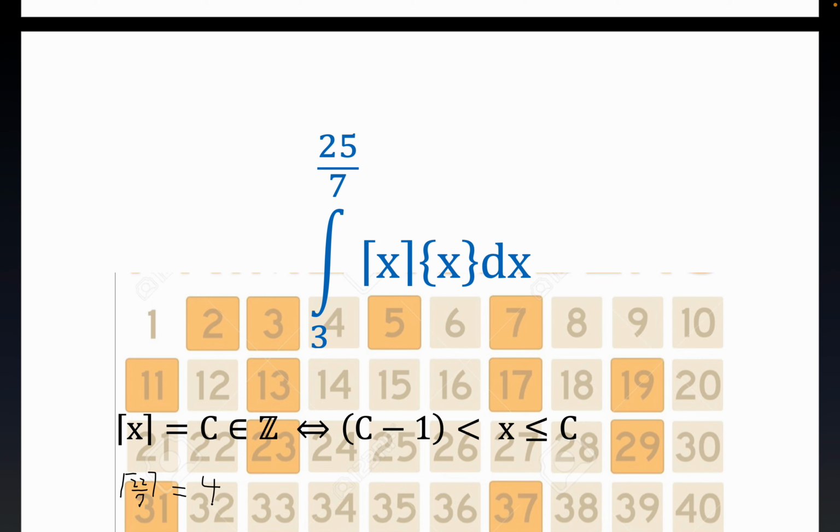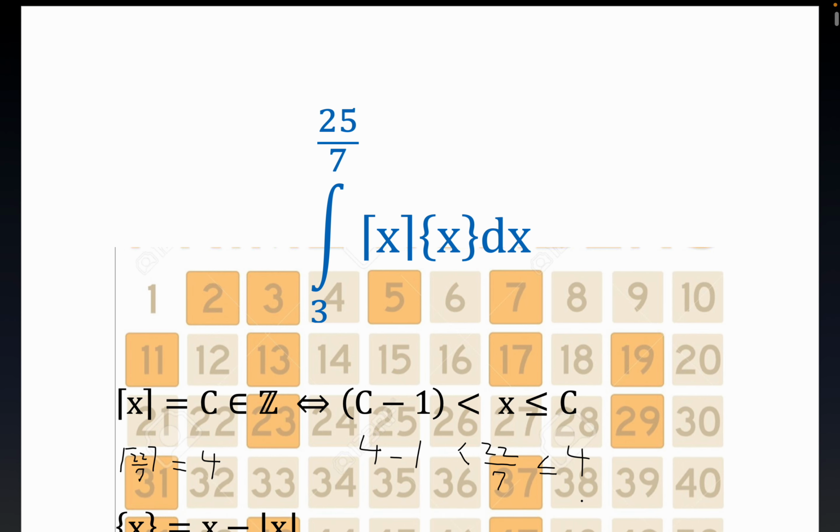And you see that fits this definition: 4 minus 1 is less than 22 over 7, which is less than or equal to 4, because the ceiling of any integer is just the integer. So that's an example of the ceiling function.